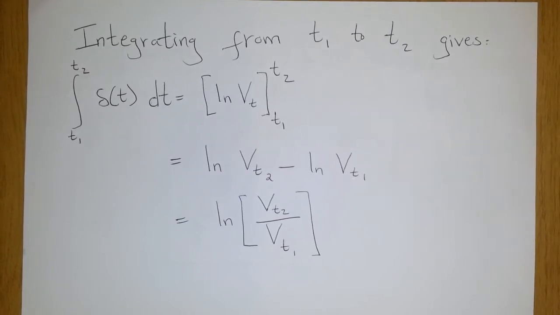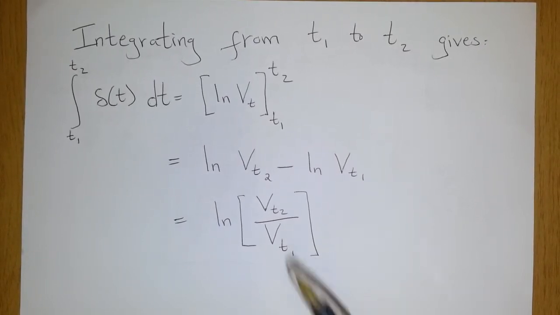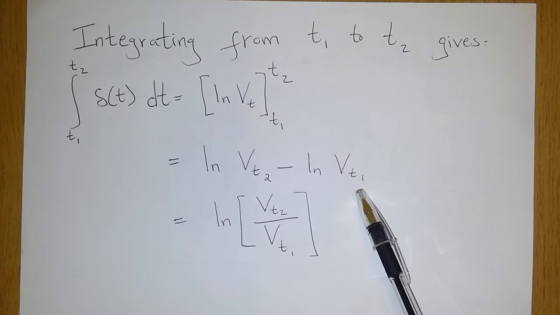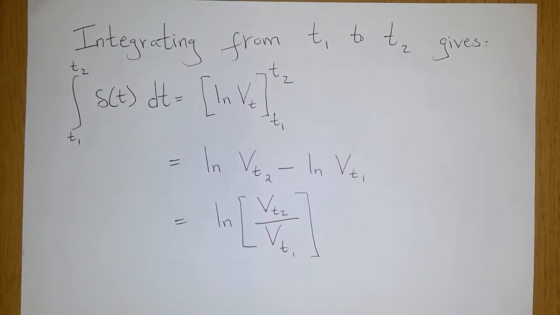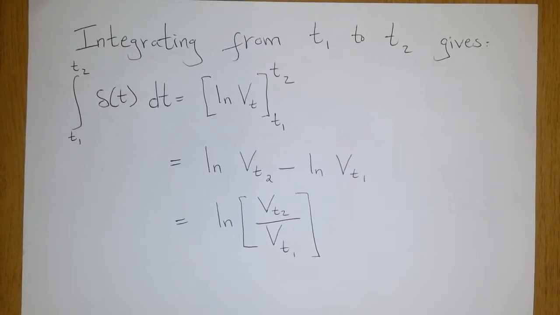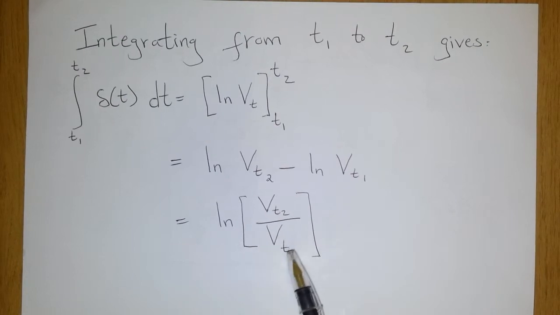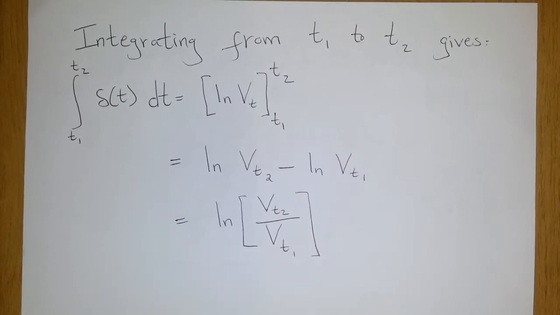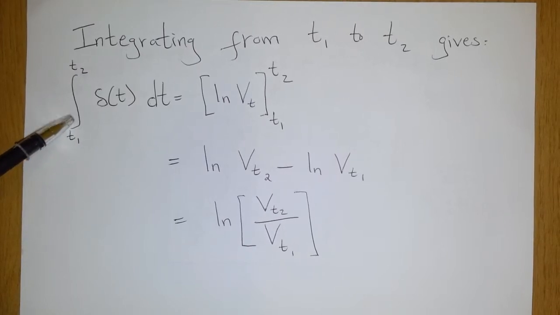Proceeding with the right hand side, we end up with ln V(t2) minus ln V(t1), where ln is the natural log, such that ln of V(t2) divided by V(t1) is equal to what we have on the left hand side here.